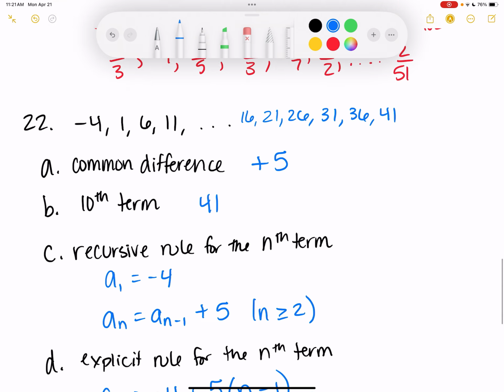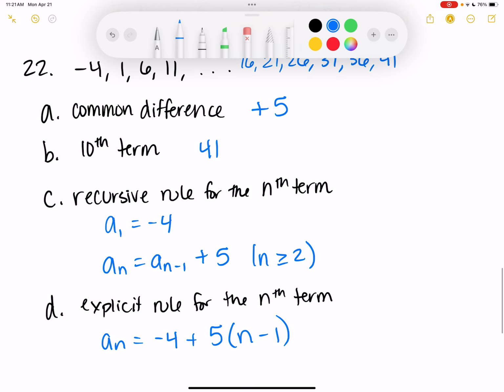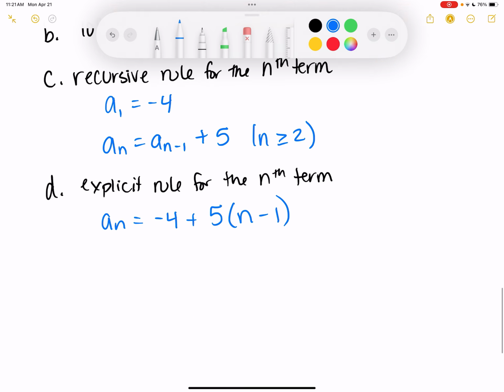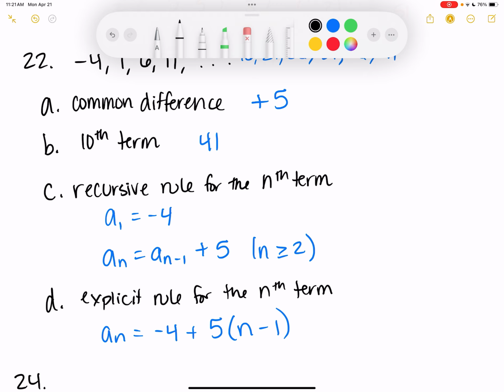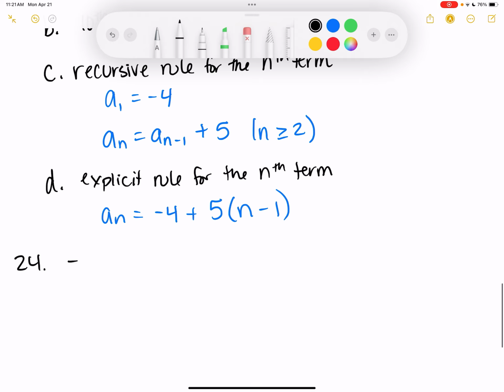Any questions on that one? Let's see, 24. Same thing with this one. I'm not going to write out exactly what everything is. I'm just going to write A, B, C, and D this time. So 24 is -7, 4, 15, 26.